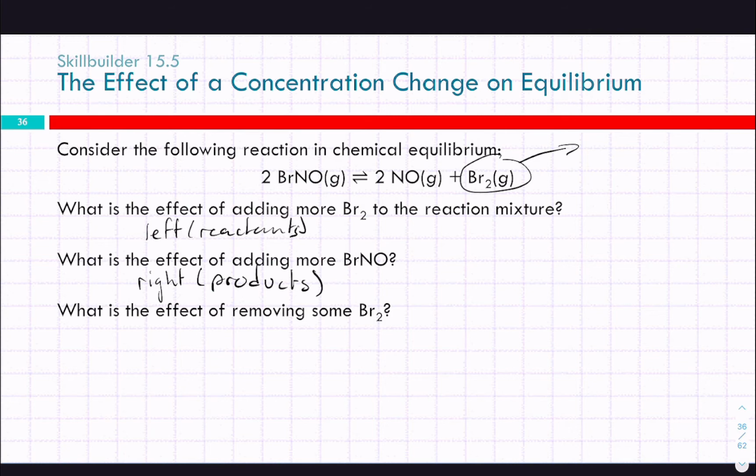Remember, if we remove bromine, we decrease its concentration, which means the rate of the reverse reaction slows down. It doesn't change the rate of the forward reaction, but now the forward reaction is faster than the reverse reaction, so it'll fill in that hole. So it'll shift to the right.